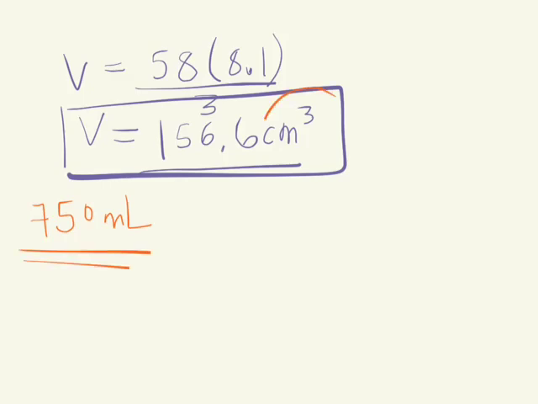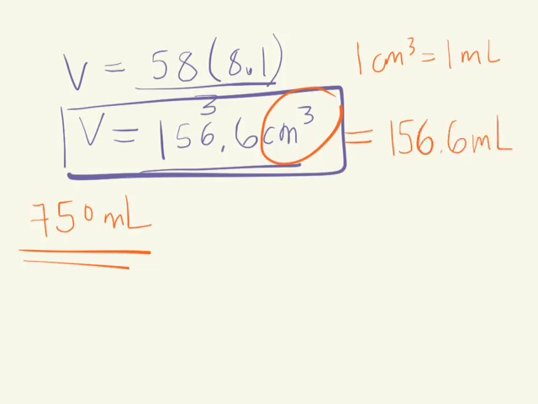Because we have the unit of centimeters cubed, we know that 1 centimeter cubed equals 1 milliliter, which means 156.6 centimeters cubed is equal to 156.6 milliliters.